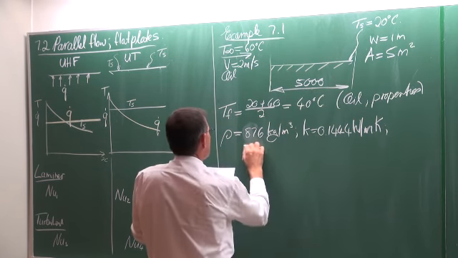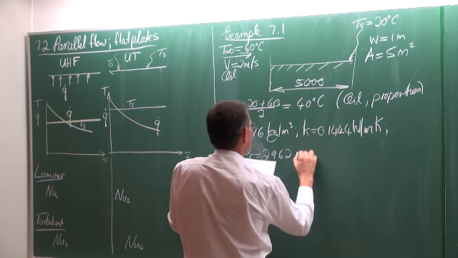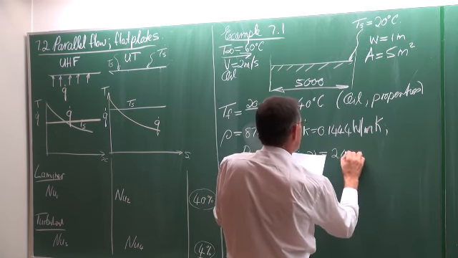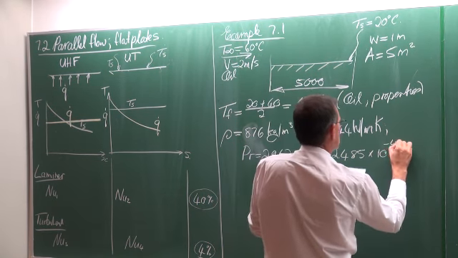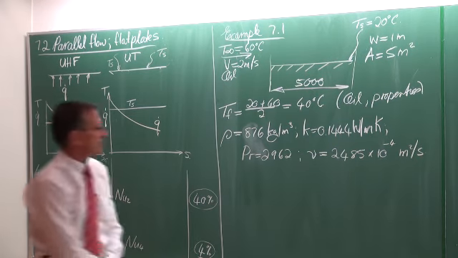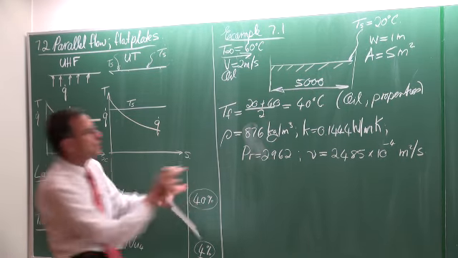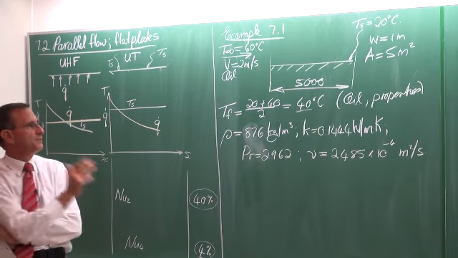The Prandtl number is very high, 2962, and the kinematic viscosity is equal to 2.485 multiplied by 10 to the minus 4 square meters per second. So those are the properties. You get them from your textbook, but very importantly at a temperature of 40 degrees Celsius, the film temperature.